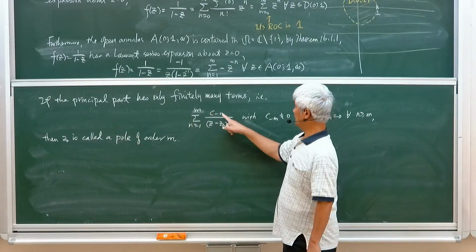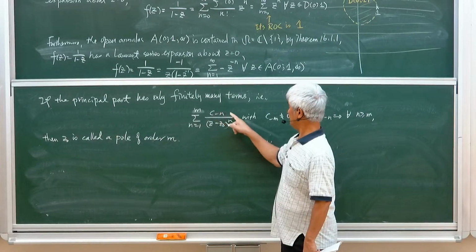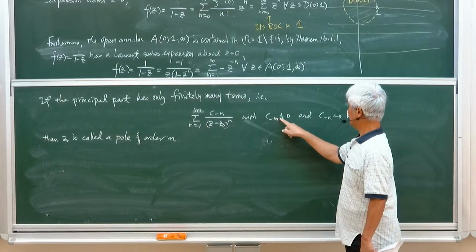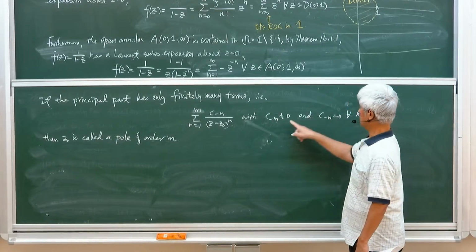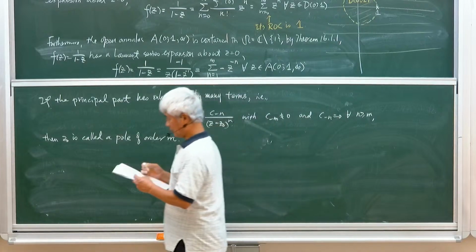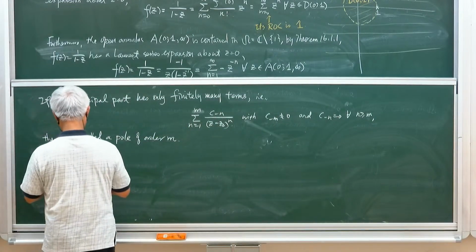So if c minus M, with M the smallest one, is non-zero, then this M is called the order of the pole.